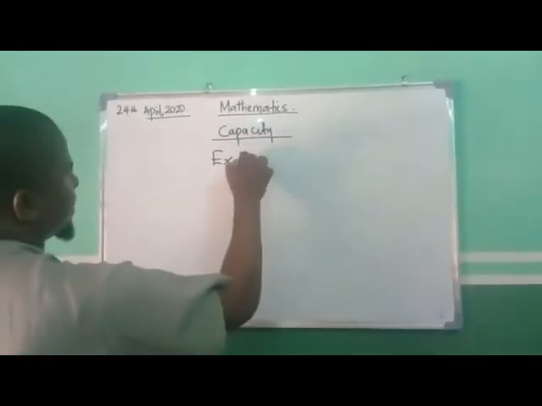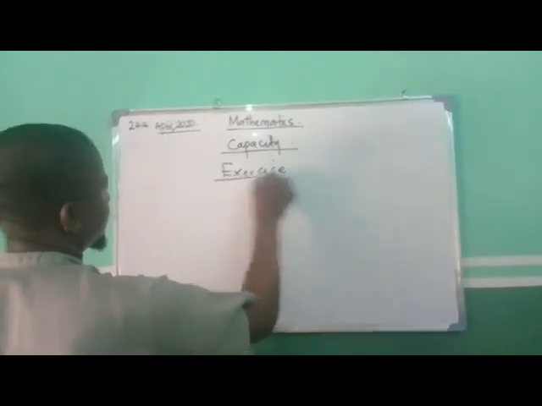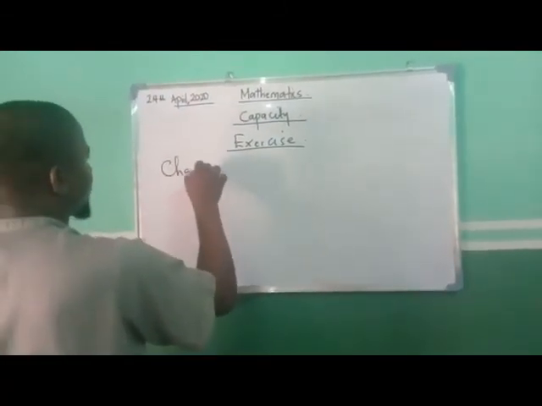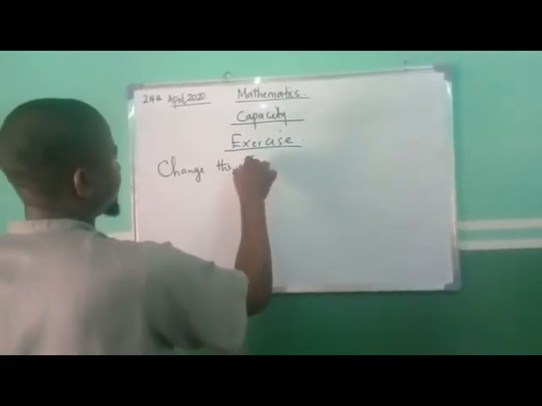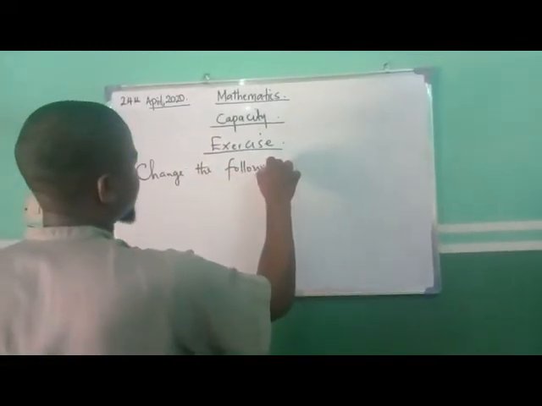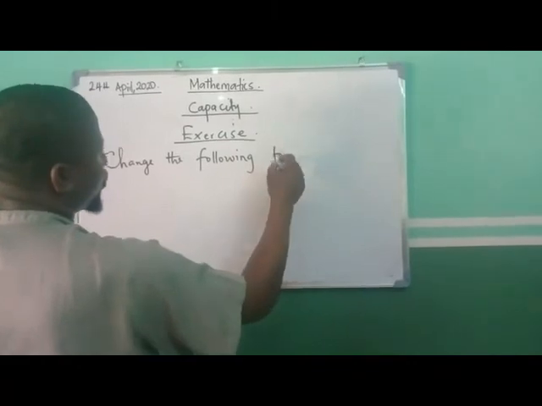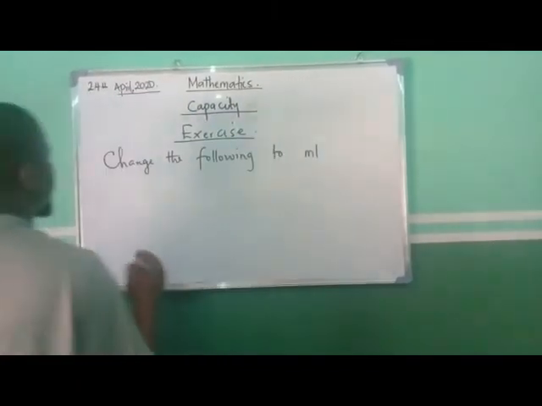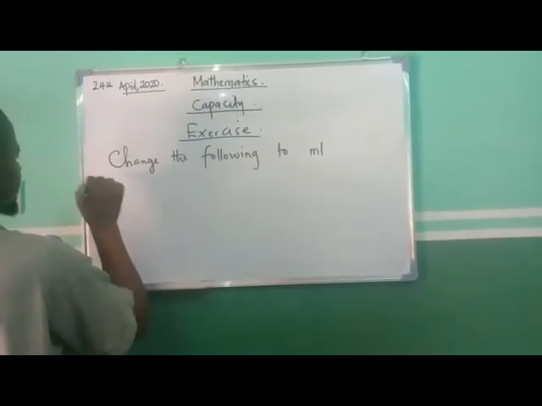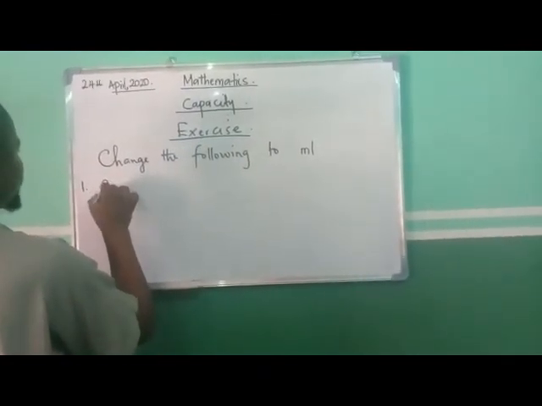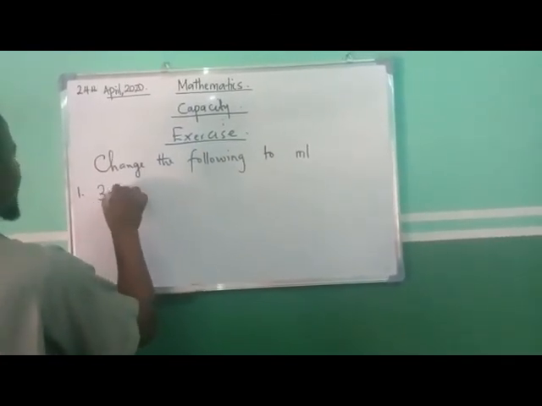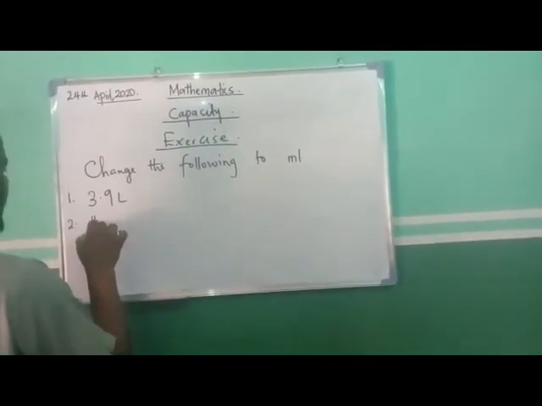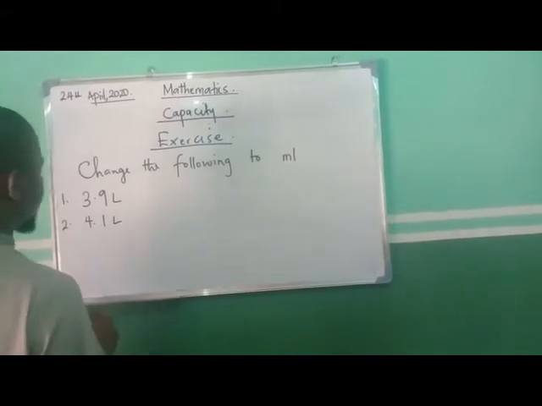Let's see the exercise. Change the following to ml, that is mils. Number 1, 3.9 liters. Number 2, 4.1 liters.